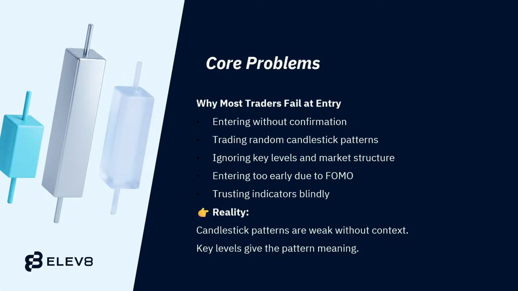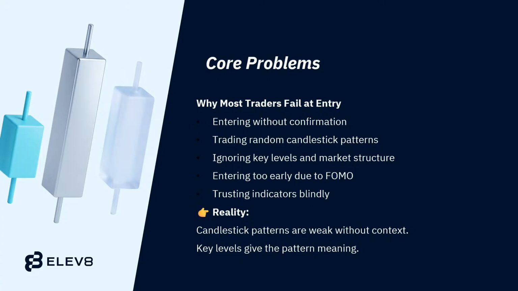The second mistake is trading candlestick patterns everywhere, and this is very huge. When people see a pin bar in the middle of nowhere and they treat it like magic, okay? But market context matters. It matters a lot. You have to see the context first. You cannot always use the pin bar in the middle of nowhere and hope that that pin bar can save your trade.